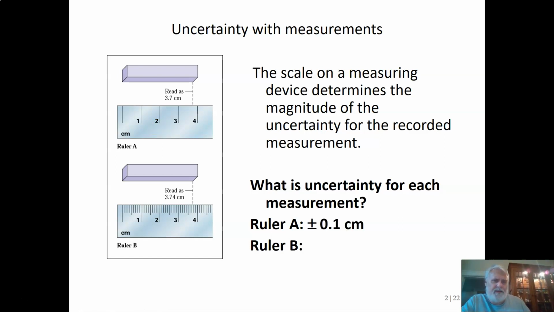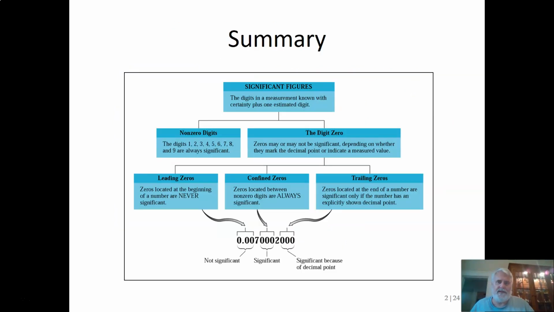And the answer is plus or minus 0.1. As you see here, that's the one place to the right that will be uncertain. Now, if it's incremented to the tenth, then you can guess ruler B out to the hundredth, so you have 0.01 plus or minus. So now you know how to do uncertainty.